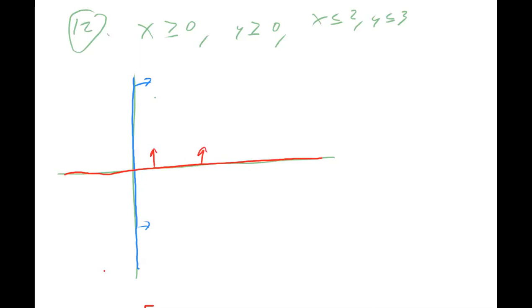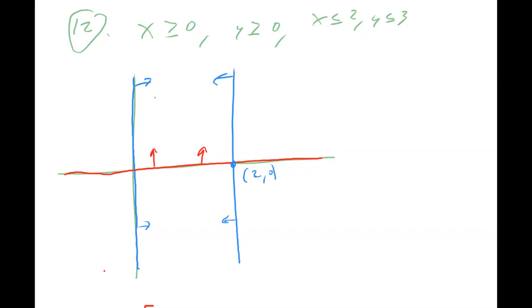X is less than or equal to 2 is just a line that goes through 2, 0, and it's vertical, but it says less than, so it's going to be pointed towards the left, because x values that are less than 2 are towards the left of 2.